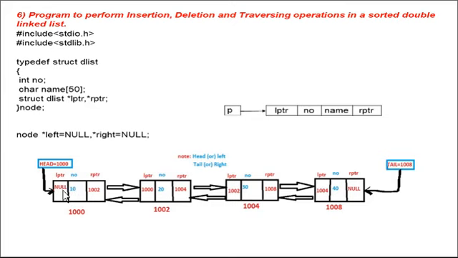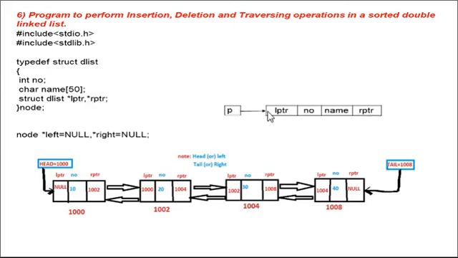If you observe, the previous pointer or LPTR of the first node is null because it doesn't point to any previous node, as it is the first node in the list. Like that, the next pointer of the last node is also null because, as this is the last node, the right pointer doesn't point to any next node.